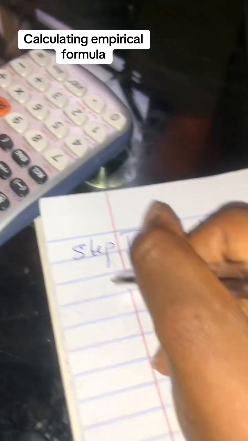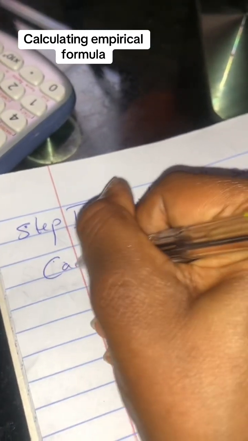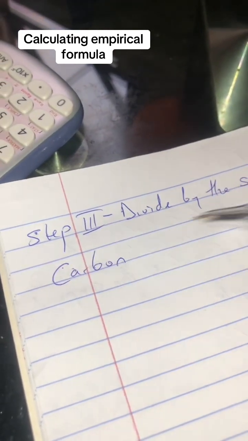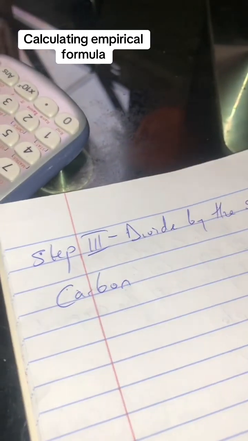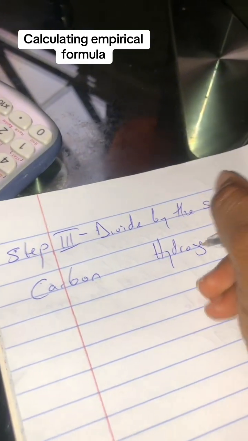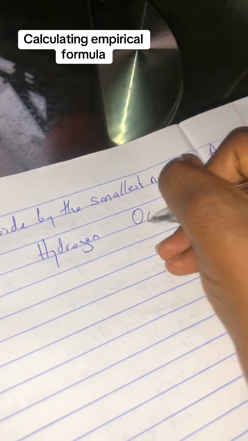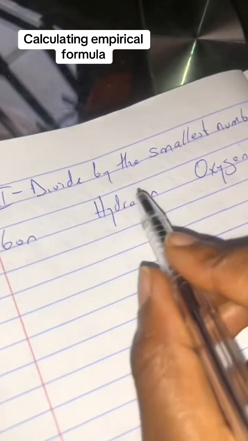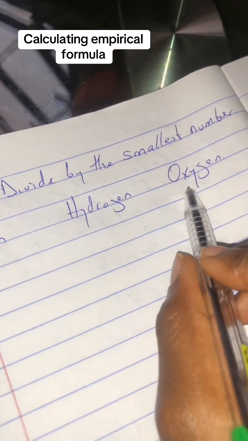So this is what we'll be doing. We're going to write out all the elements. That's carbon. You can decide to also write it using the symbol, but I choose to write it in full. Carbon, hydrogen, and oxygen.